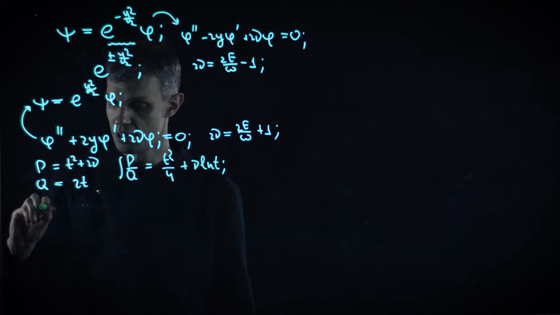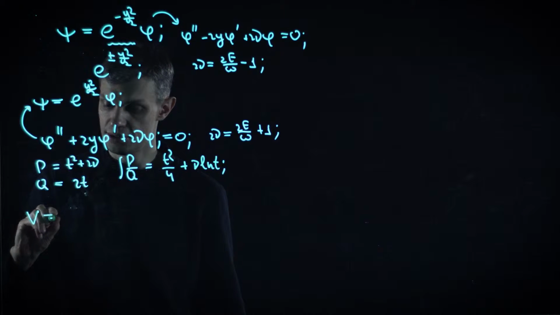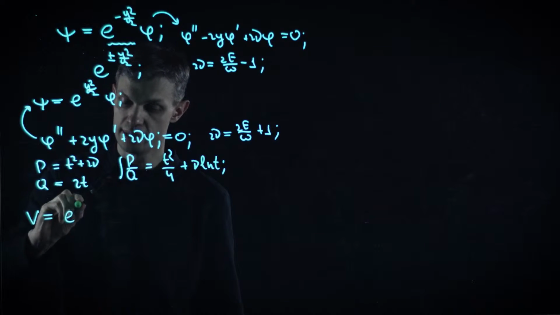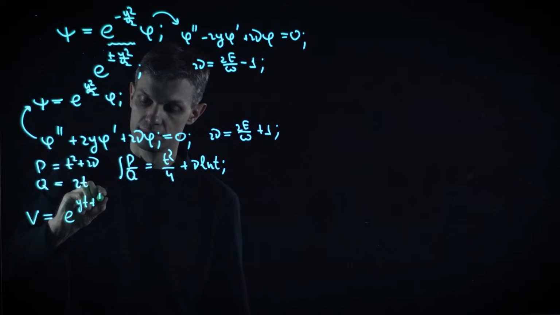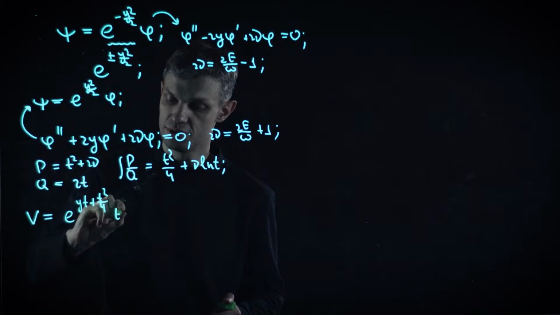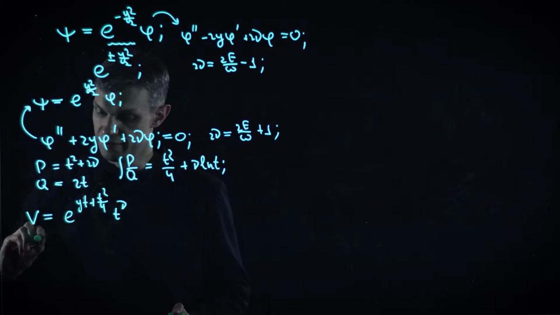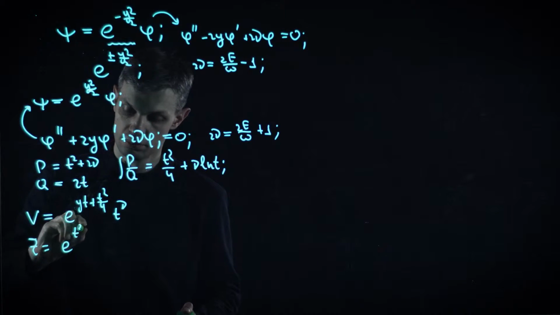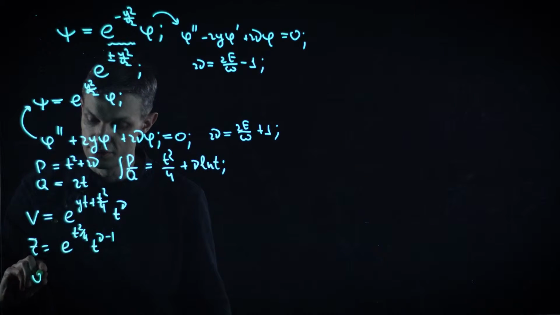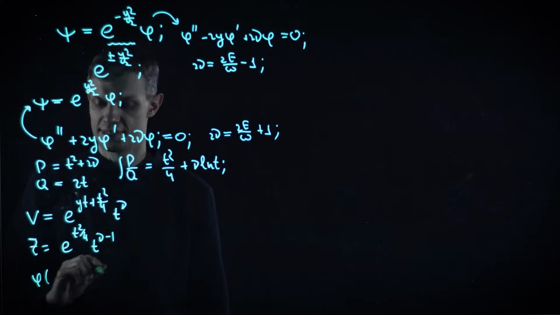And as a result, we get our constituent functions, the v function, which is now e to the yt plus t squared over 4 times t to the nu, the z function, and the exact solution in terms of a contour Laplace type integral.